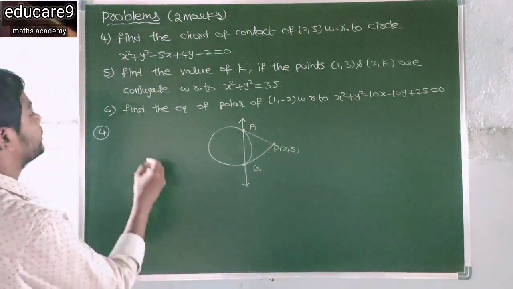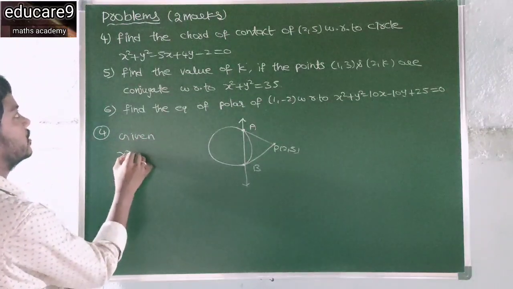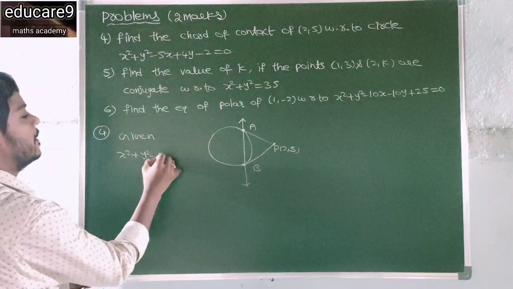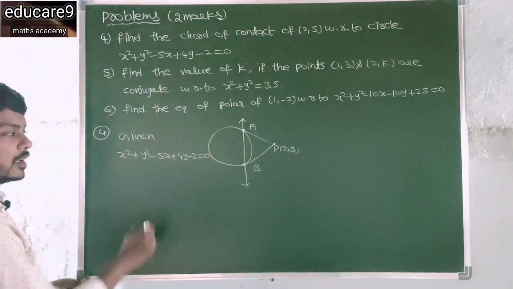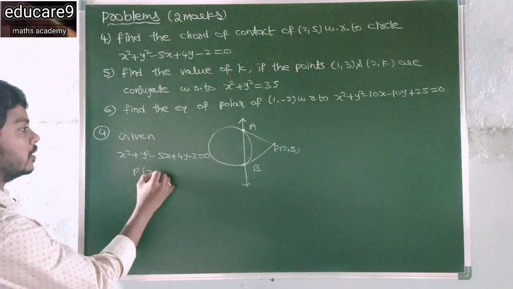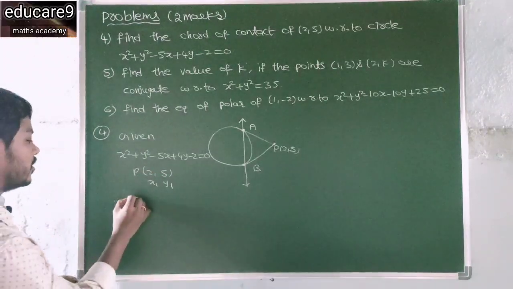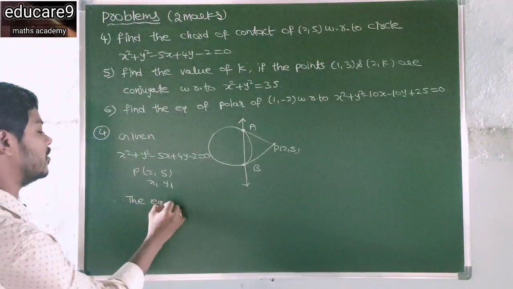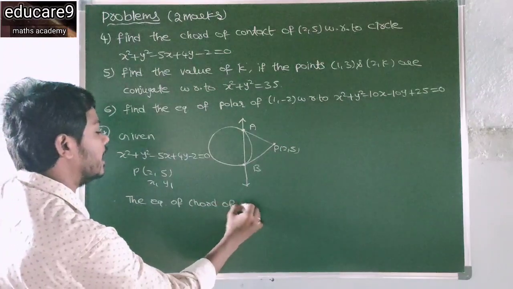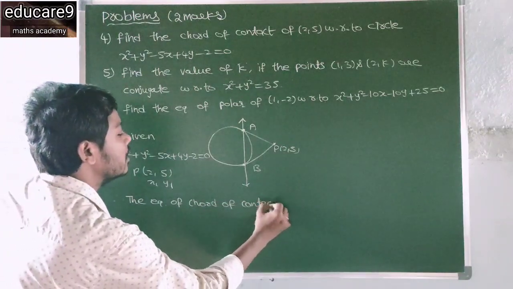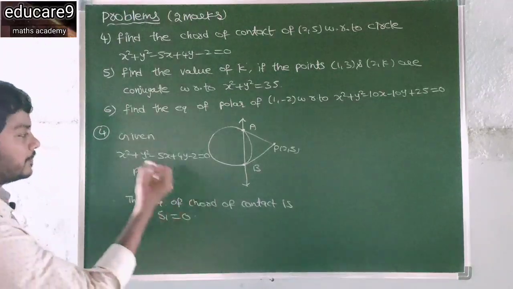So see here, given circle x square plus y square minus 5x plus 4y minus 2 is equals to 0, and point P 2, 5. This is x1, y1. Therefore, the equation of chord of contact is S1 equals to 0.